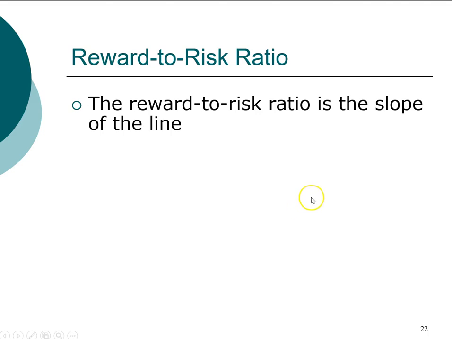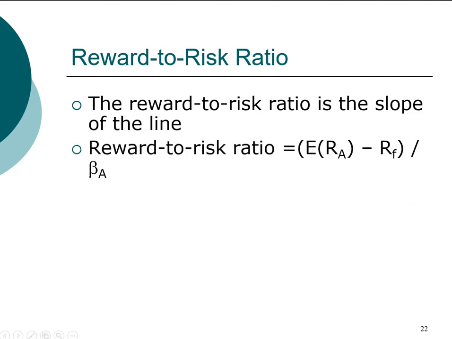Another way to look at the slope is that we call it the reward to risk ratio, because we take the risk premium, which is the reward, divided by the risk, which is the systematic risk. This is a very important concept, because the reward to risk ratio tells us how much we are getting paid as an investor for taking on risk.